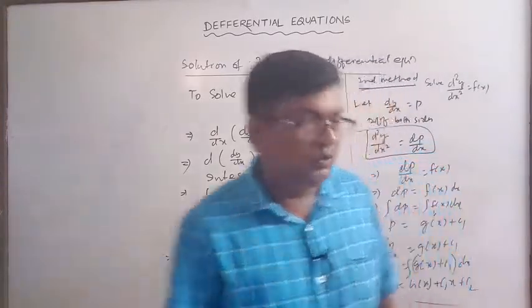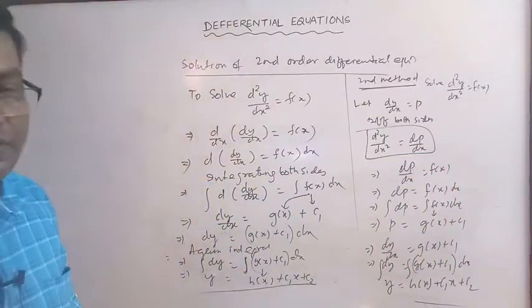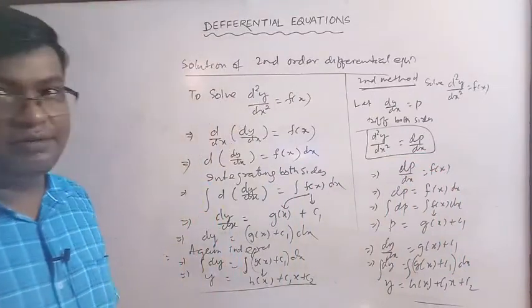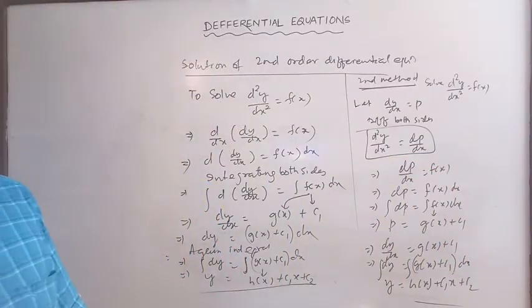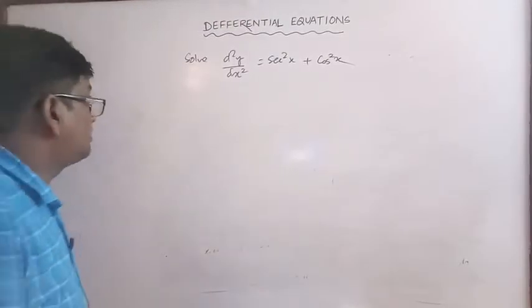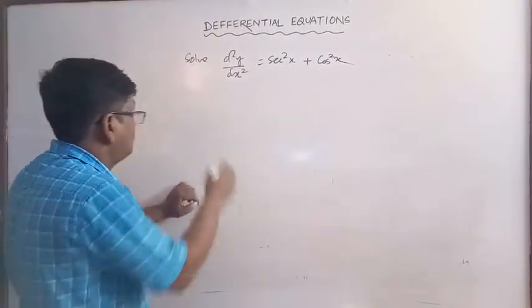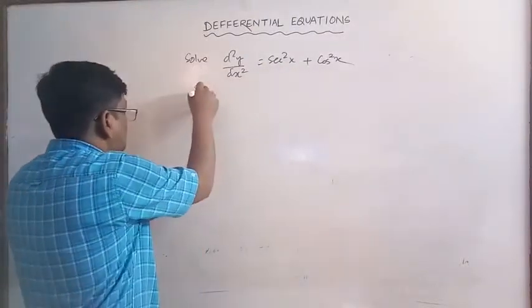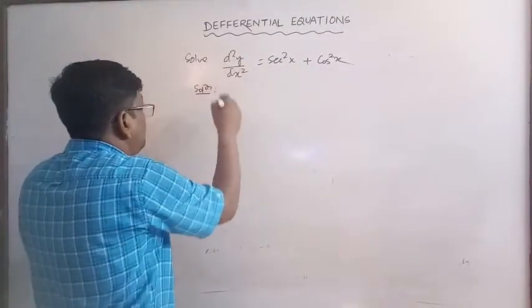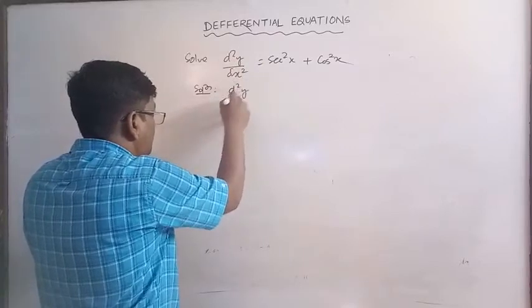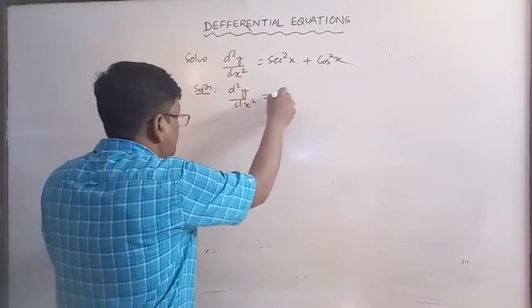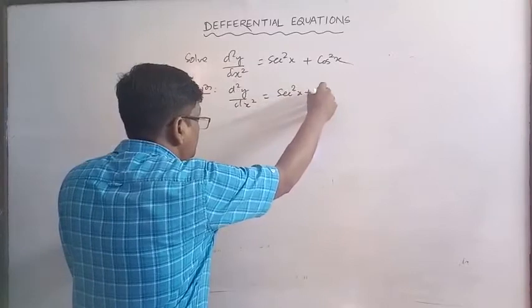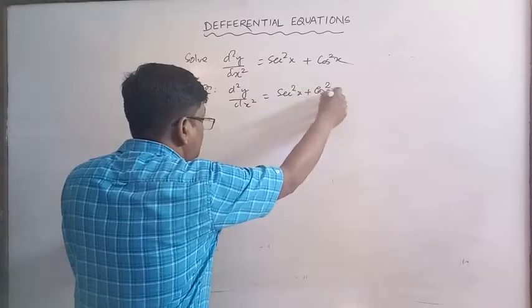Now some questions related to second order differential equations. Solve the second order differential equation d square y by dx square is equal to sec square x plus cos square x. Solution: d square y by dx square is equal to sec square x plus cos square x.